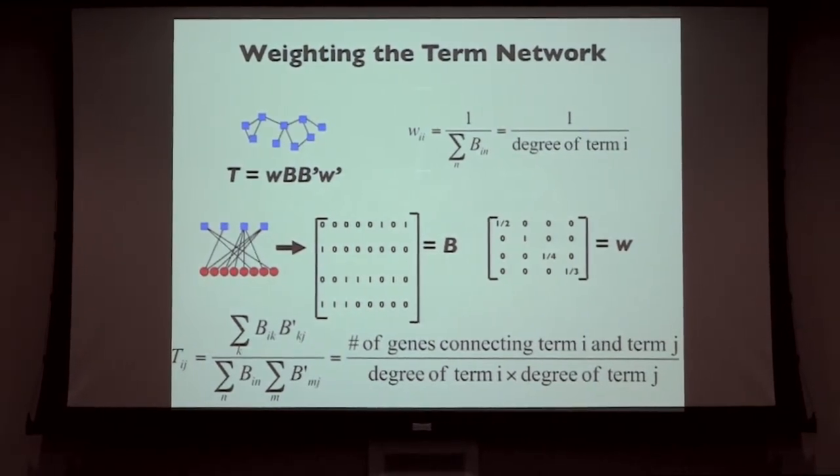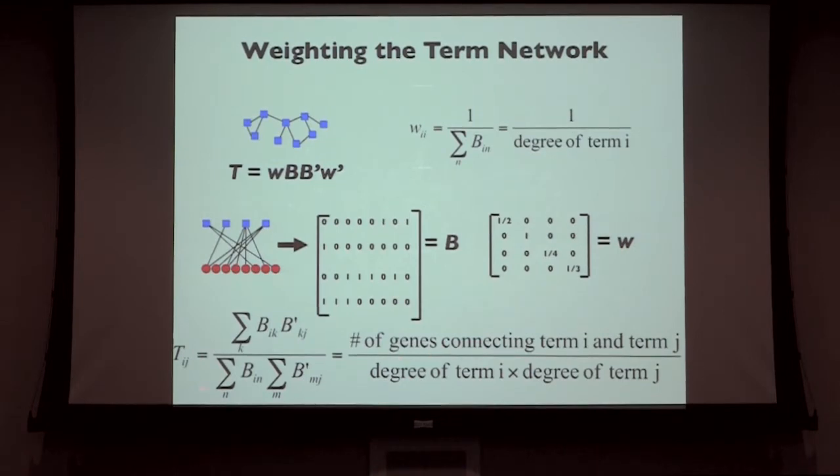So we want to weight a connection: if we have a term I and a term J, we can count the number of genes connecting term I and term J, but then we want to weight that down by the product of the degrees, the degree of term I times the degree of term J. What this turns out to mean in our formalism is that if we construct a diagonal matrix W_II, which is 1 over the degree of term I, then our new term matrix is W B B transpose W transpose, and has the elements corresponding to what we desire: the number of genes connecting term I and term J divided by the product of their degrees.